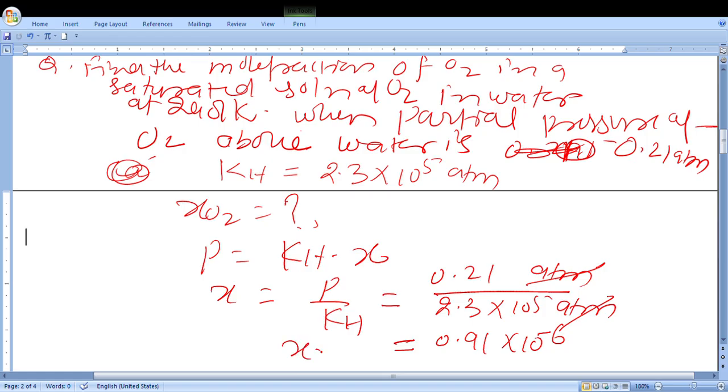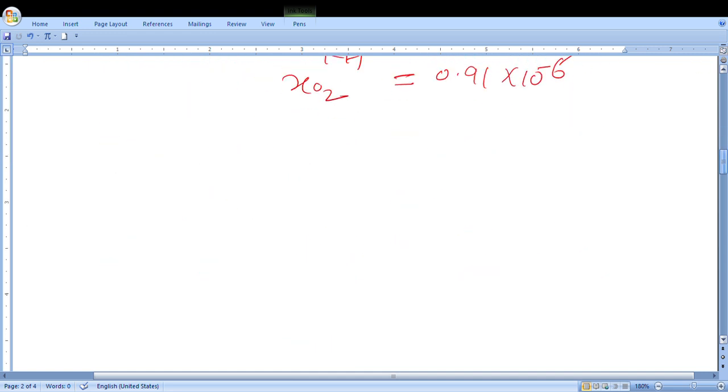These are the mole fractions of oxygen. So this question is a direct question. That mole fraction is being asked, and partial pressure of oxygen above water is given and value of Kh is given. After writing these values and substituting in the direct formula, we will have the exact answer 0.91 into 10 to the power minus 6.